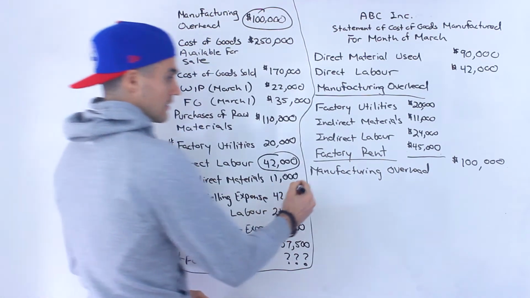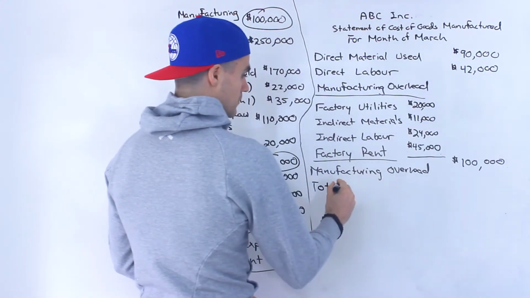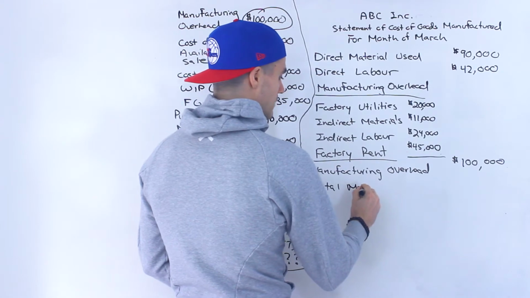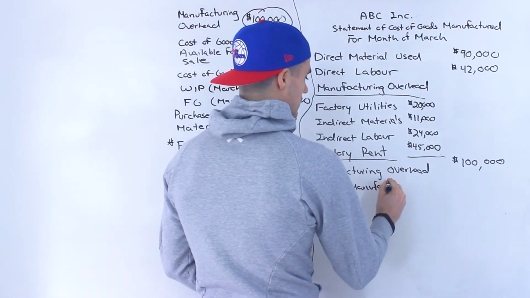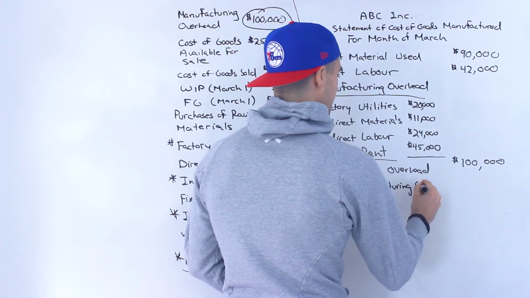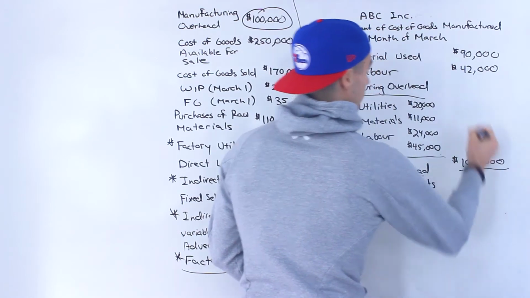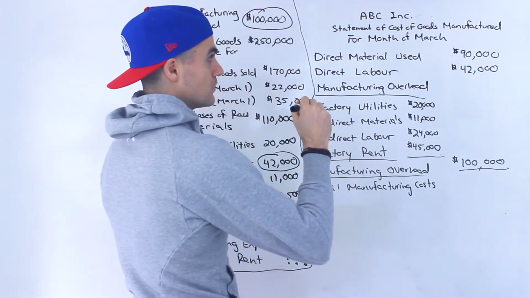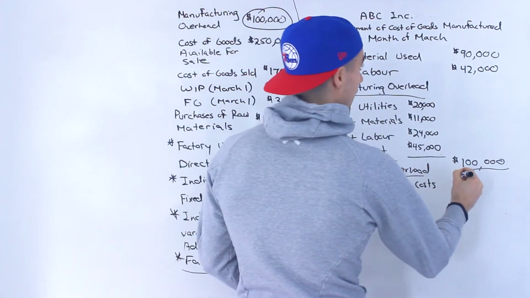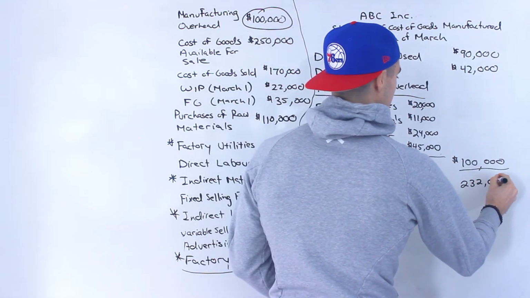And so from here, what we get at this point is we could sum these three numbers up. So we get the total manufacturing costs for this period. And if we sum all of these up, we would get what? 232,000.